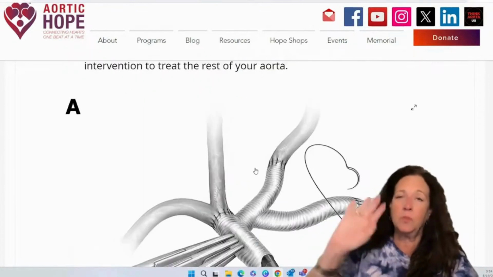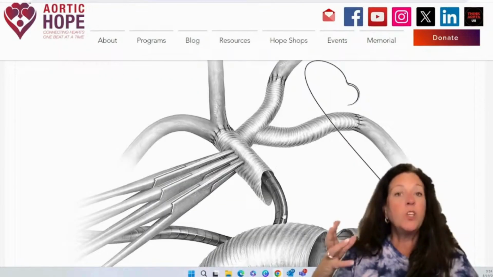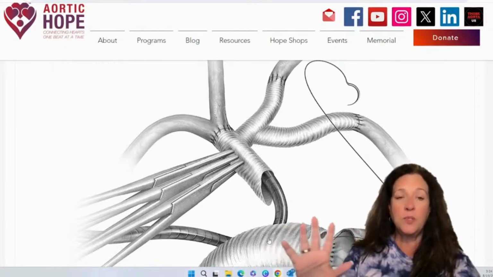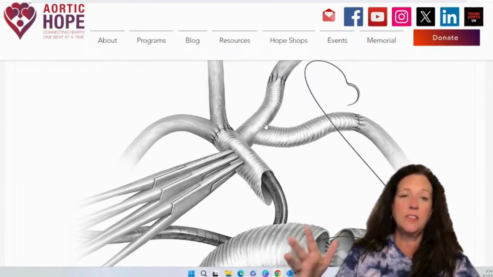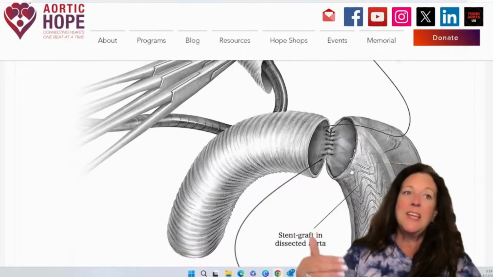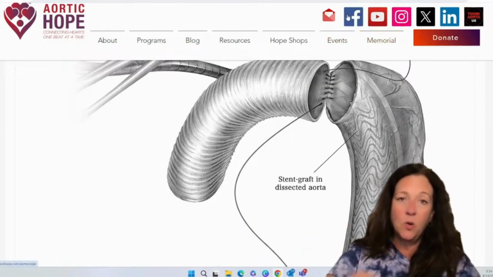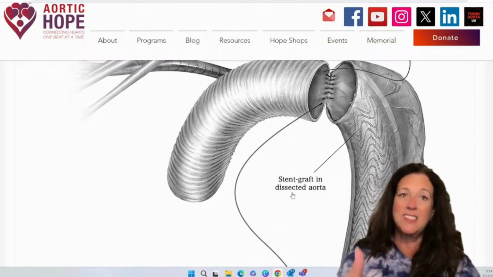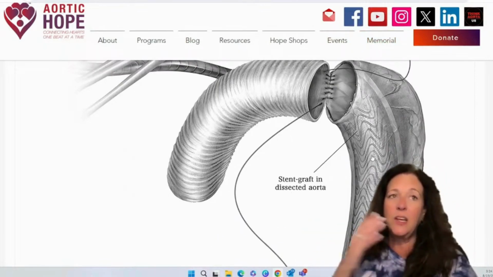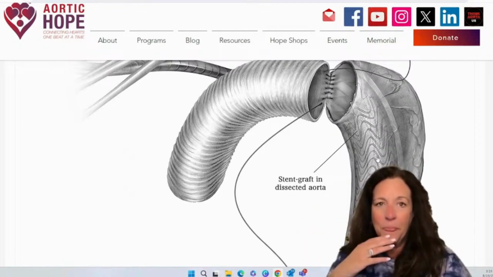This is the picture we were just talking about. We do have what you would have had in the total arch if it was just ascending arch and some of the branches. But here they've deployed that stent down into the part of the descending aorta that is dissected. This is a stent graft in the dissected aorta. So this is deployed in.